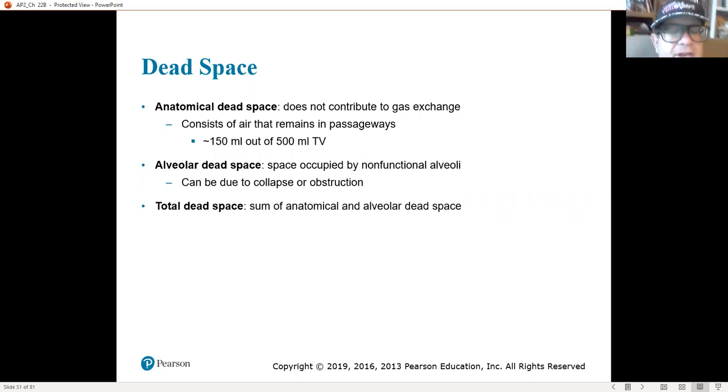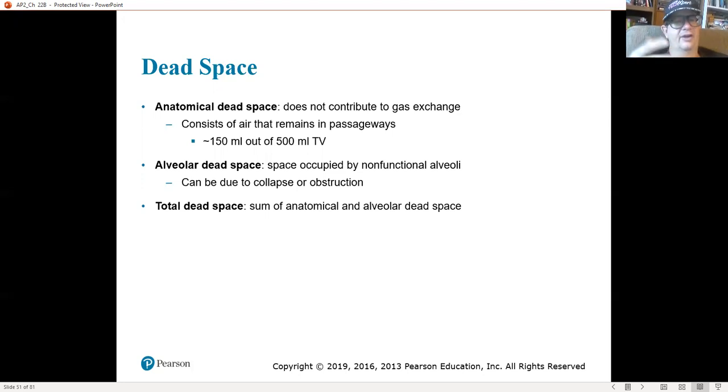So you know that the air you can't move in and out of the lungs is called residual volume. Well, the air that you can't do gas exchange with, we're talking about the conducting zone, all the air in the passages, that's anatomical dead space. Anatomical dead space is any space where you're not doing gas exchange.